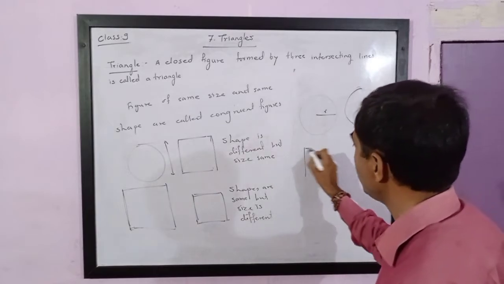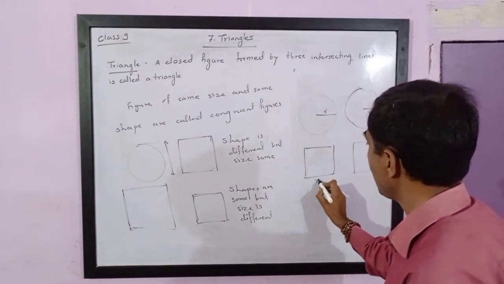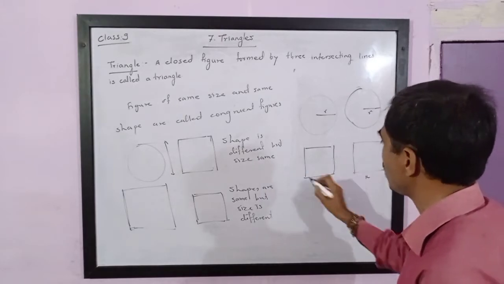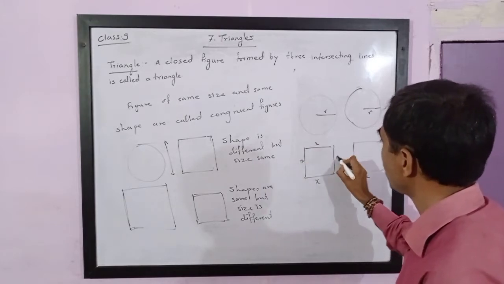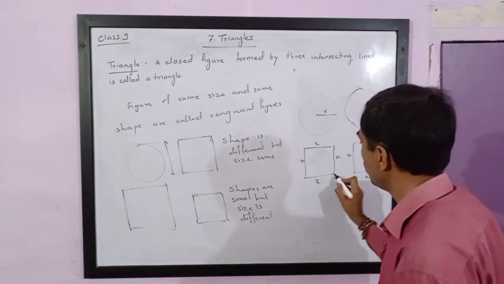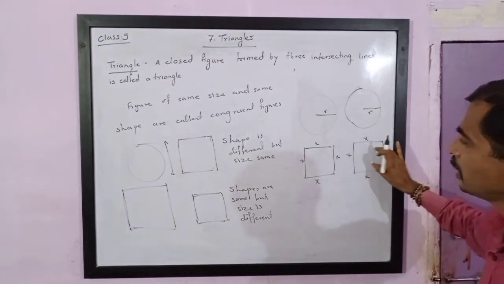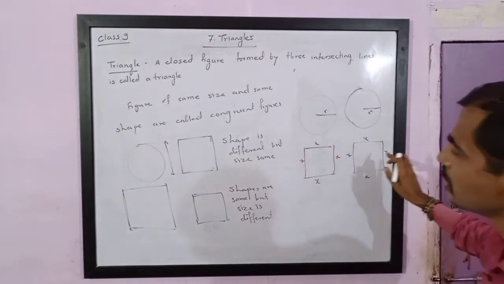In case of squares, if this side is x and this side is also x, both are squares, so all sides are equal, you will notice squares with equal sides are congruent figures because their size automatically becomes the same and their shape also is the same since they are squares.